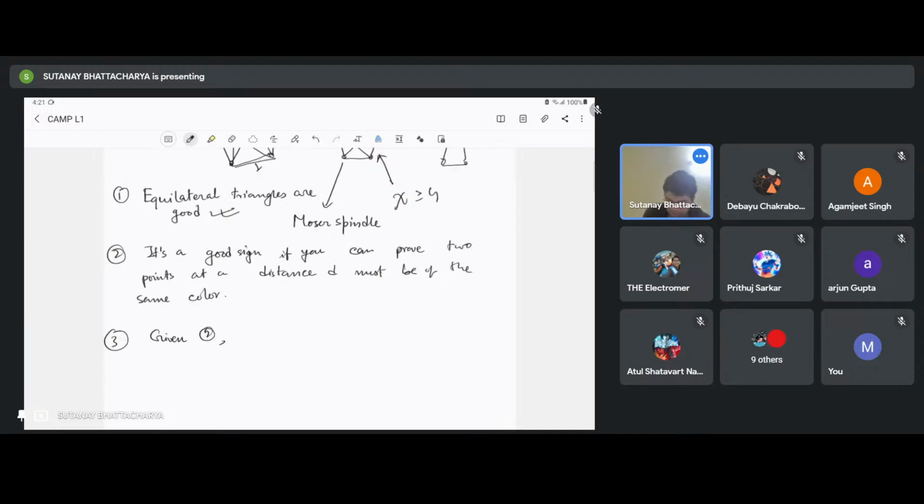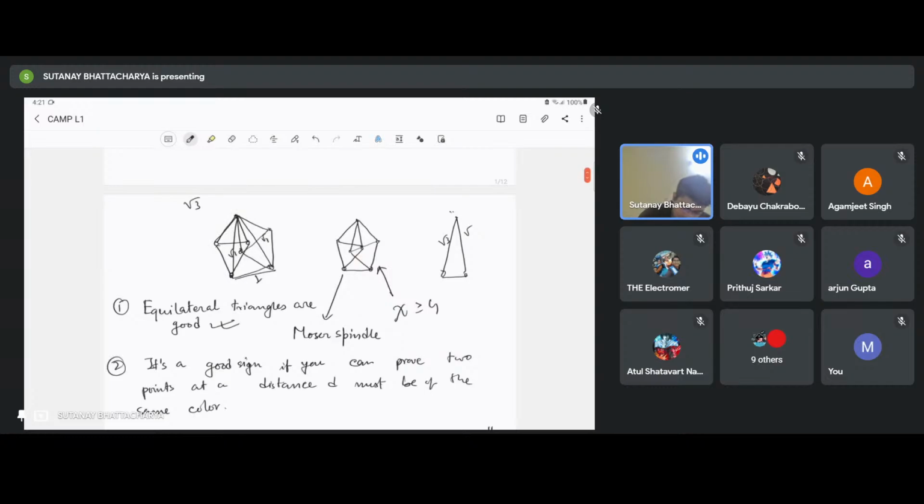Given two, you can take rotated copies and merge them. What does that mean?